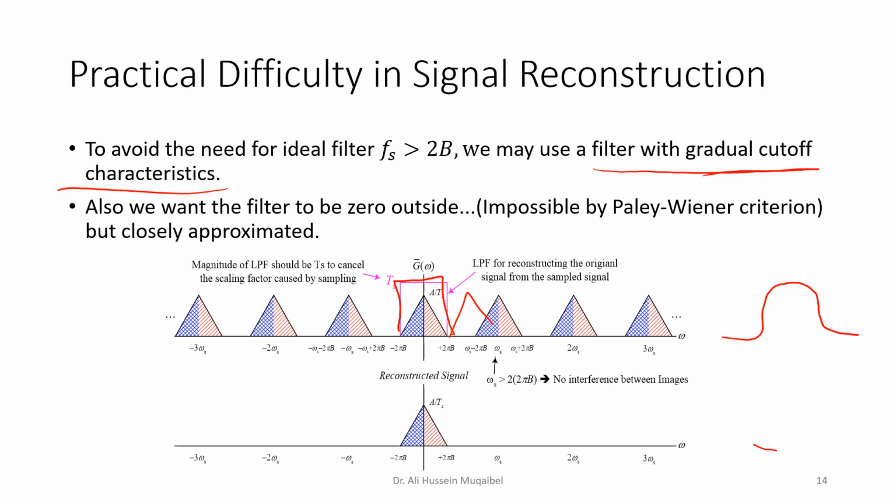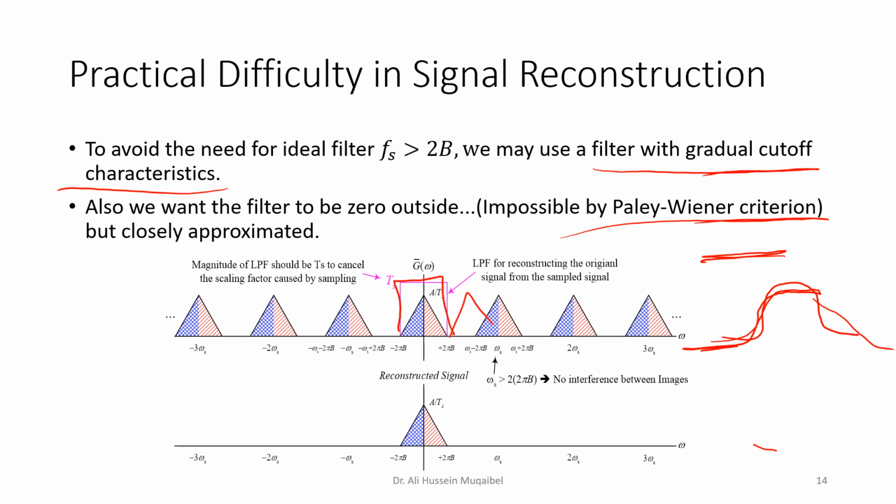We would like the filter to be gradual here, perfect, and we would like it to be zero outside, which is not something easy to do. If you study signals, you'll find that it's impossible to force the response to zero for the adjacent spectrum. If you want to explore this more, you can study the Paley-Wiener criterion, but it's beyond our scope here.